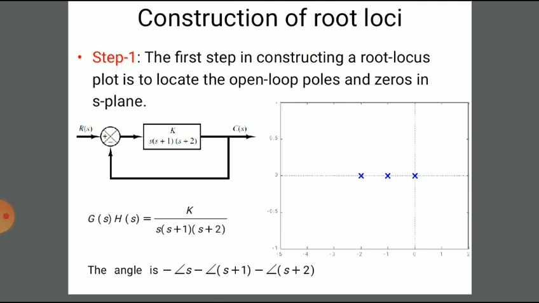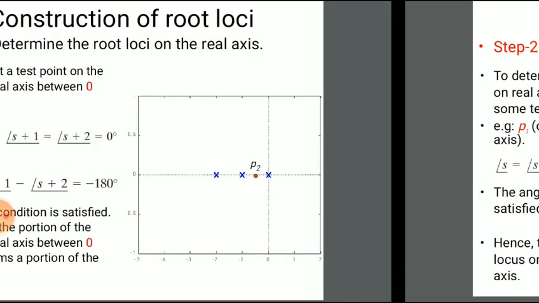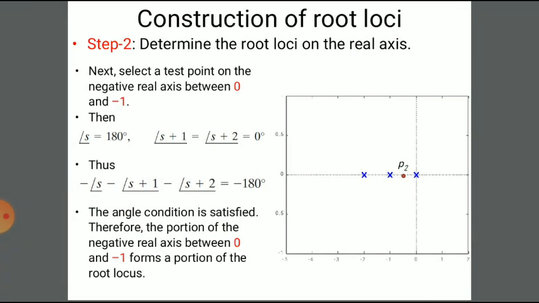So the angle is minus angle of s, minus angle of s plus 1, and so on. This is the angle and magnitude condition. The angle condition is not satisfied, hence there is no root locus on the positive real axis.